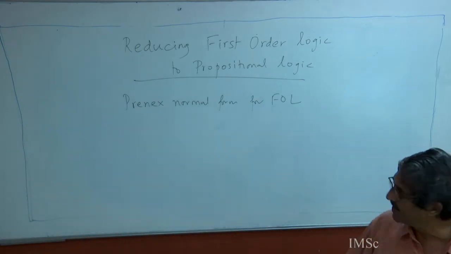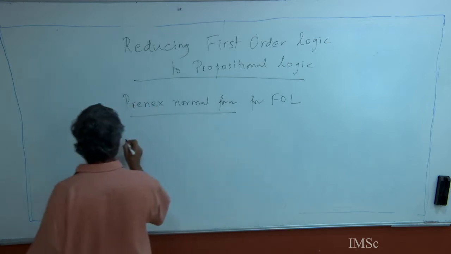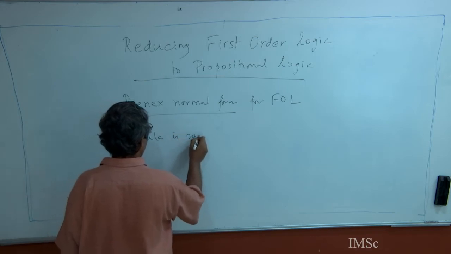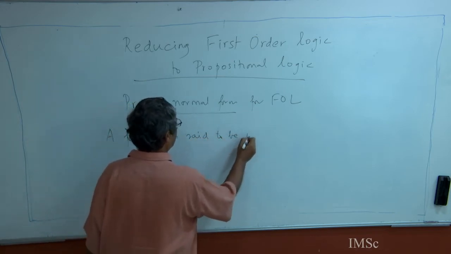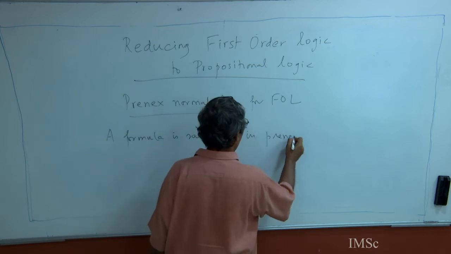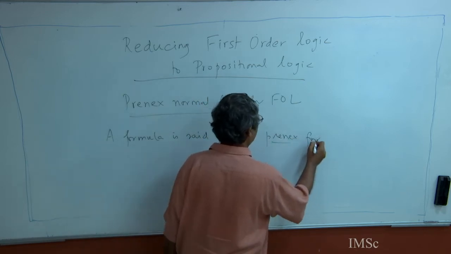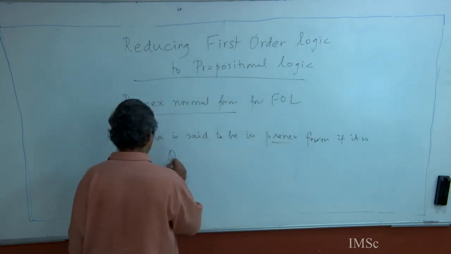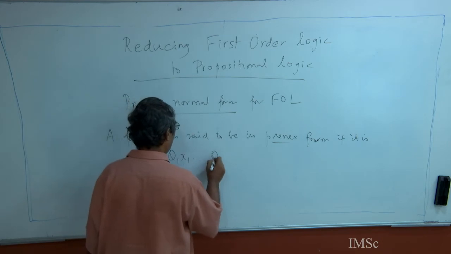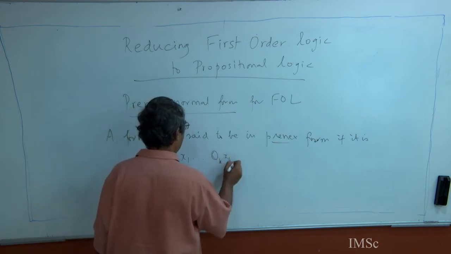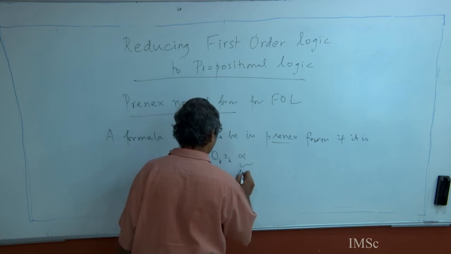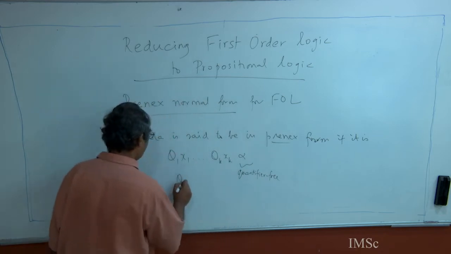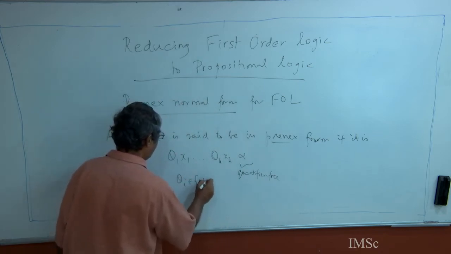A formula is said to be in Prenex form if it is of the form q1 x1 to qk xk alpha, where alpha is quantifier free and qi belongs to for all, there exists.